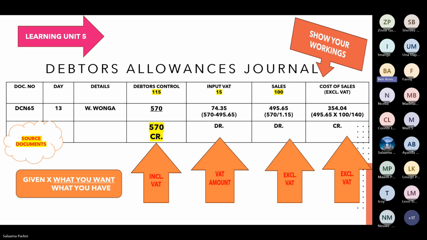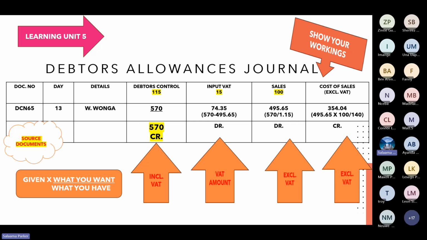Salama's gone through all the calculations, but I know what happens in tests and exams, sometimes you do things that you wouldn't normally do, but always just check and see what you've actually put down on the answer book, and does it make sense that your sales amount is bigger than your debtors control amount. Okay, and the same thing for any of the journals that you're doing, your first column should have the biggest amount in it. Perfect.